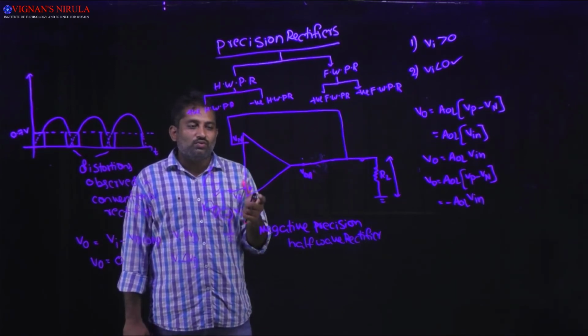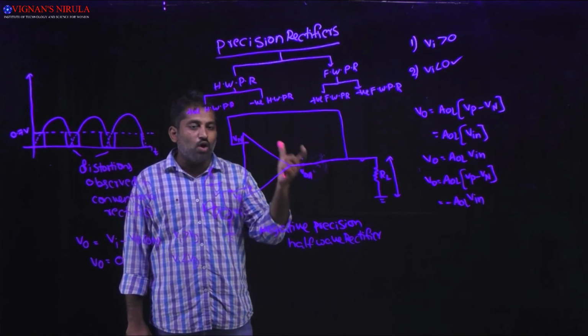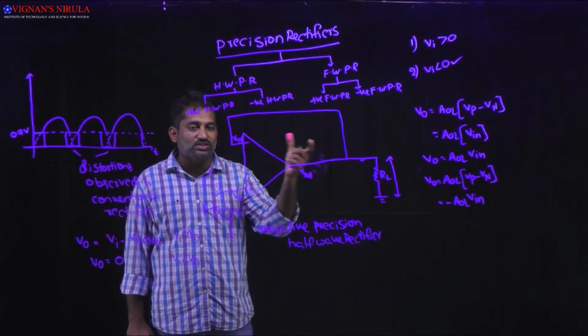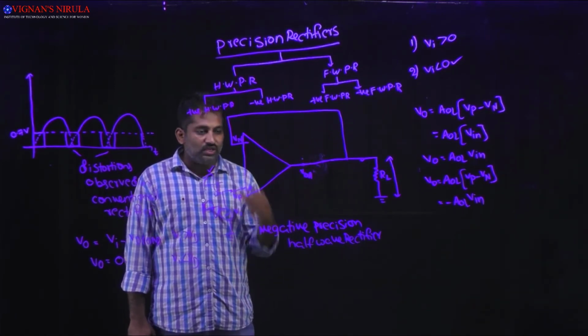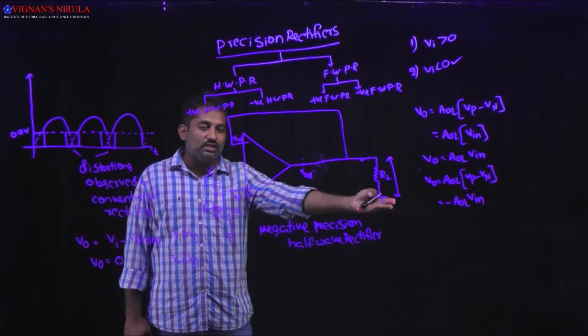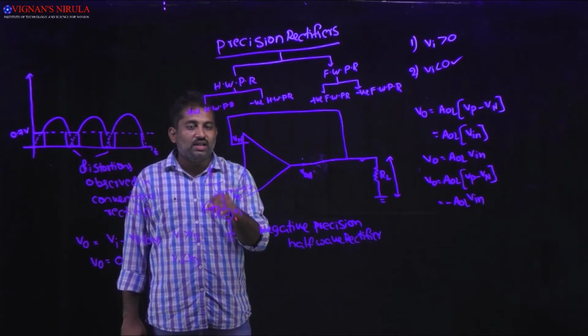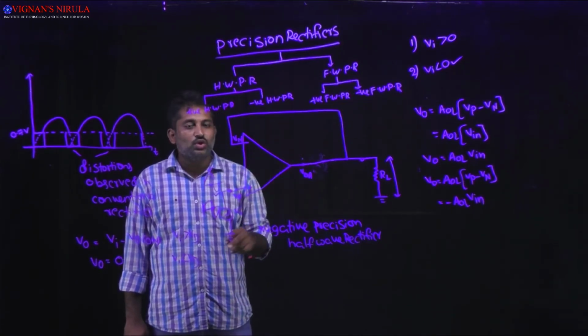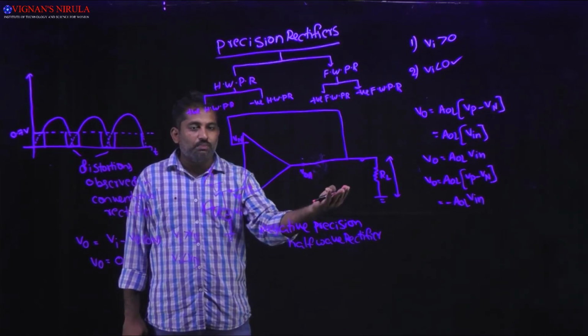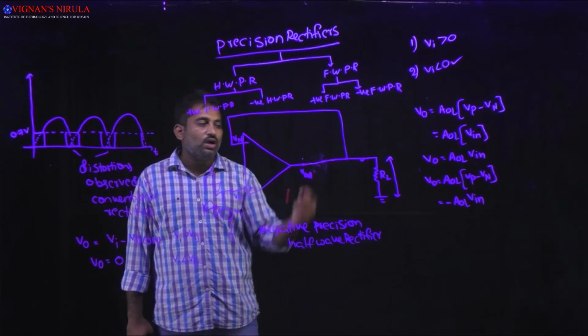Now we collect the output voltage across the load resistance RL. That means if you apply the positive peak, you are not going to get any output at the output side, and if you apply the negative peak, that means for case 2, you are going to get an output peak across the load RL.